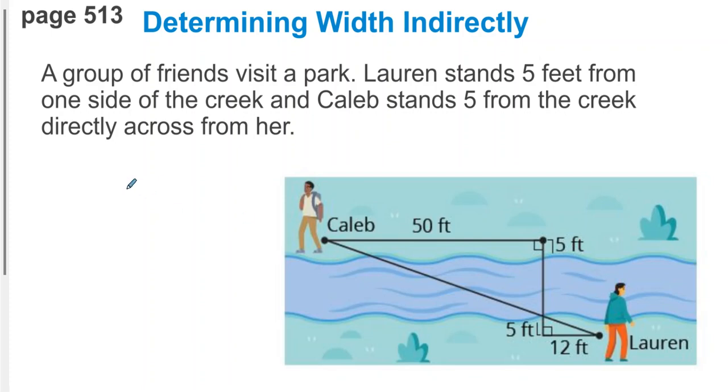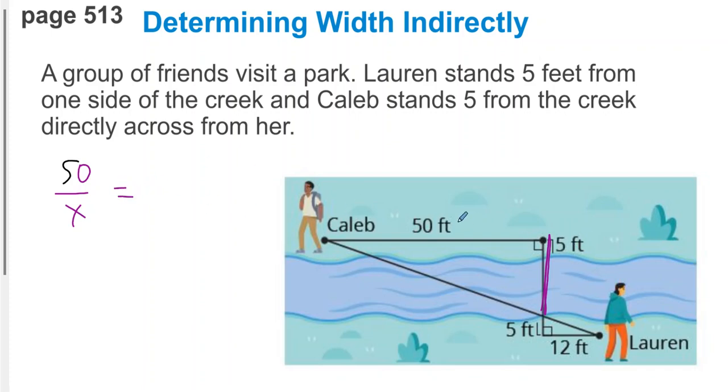The 50 is my long triangle, and this length is my unknown side. And we'll get to this 5 in a minute.